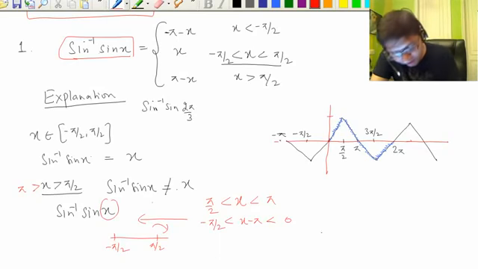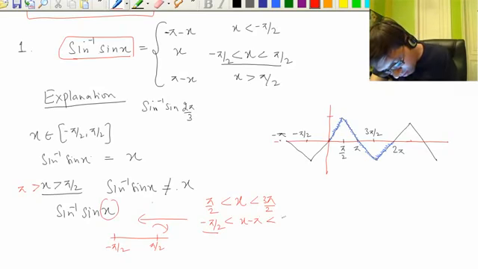So you can see x minus pi is in the principal value branch. Even you can observe that the principal value branch is from minus pi by 2 to pi by 2, and we can extend this interval from pi by 2 up to 3 pi by 2.